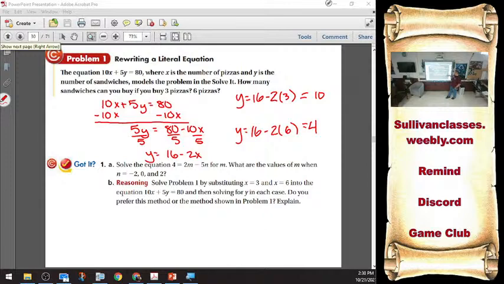How many sandwiches can you buy? 10 sandwiches, 4 sandwiches. Answer the question. Have the labels on there so you know what you're actually buying. So they want you to do the exact same thing down here.